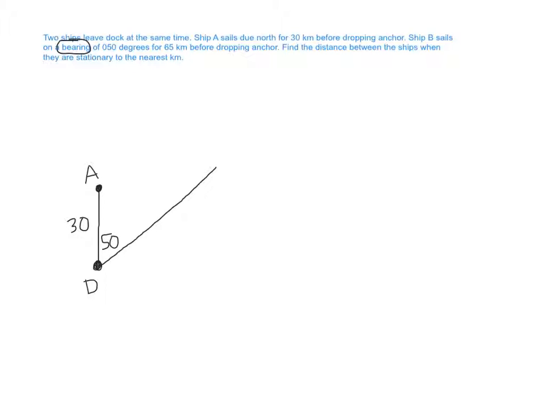We're not going to write 050, it's just 50. Ship B is traveling for 65 kilometers, so I'll label this B, where it has now dropped anchor.